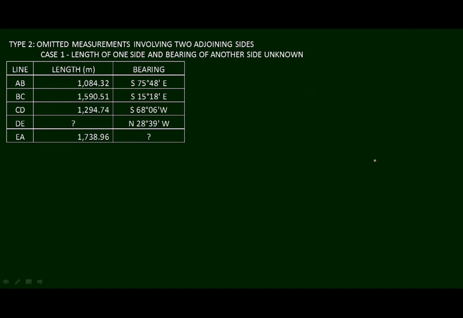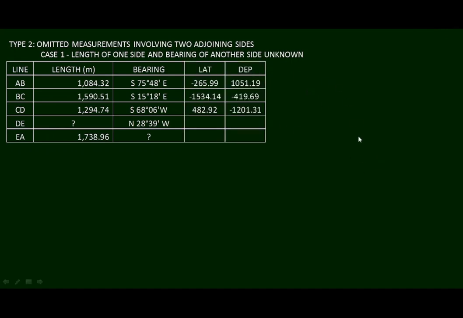So to solve, how did I get these latitudes and departure as we have discussed last time? So again, latitude is equal to your distance times the cosine of bearing.